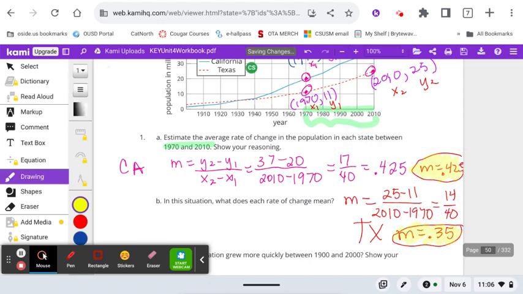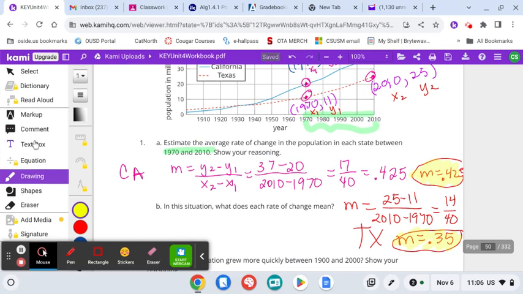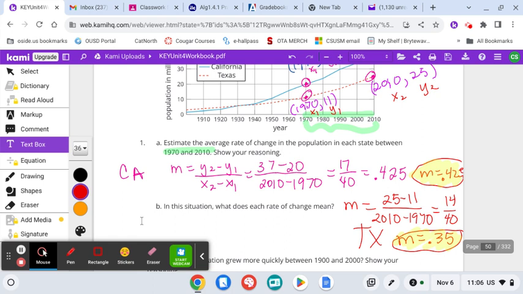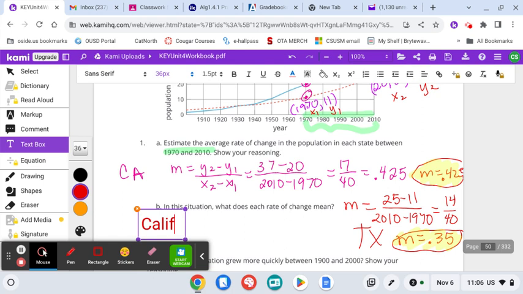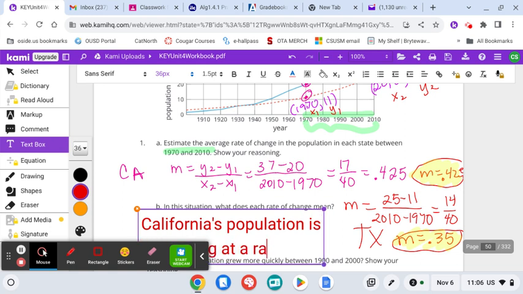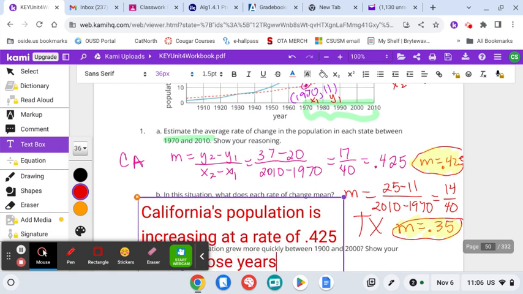Okay, in this situation, what does each rate of change mean? Well, that little 0.425 answer that we got means that California, our population is increasing at a rate of 0.425 during those years.